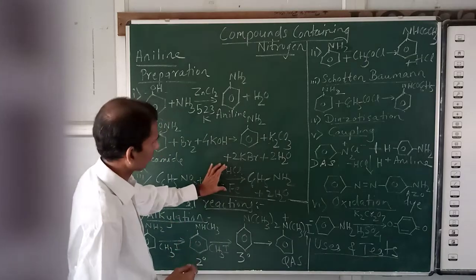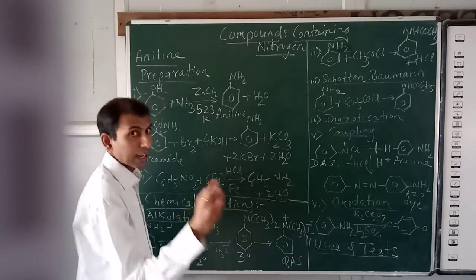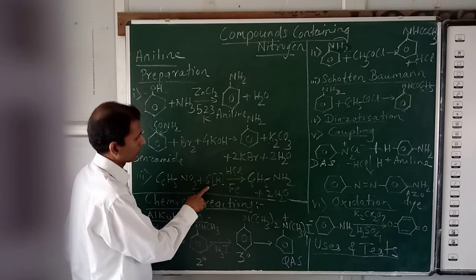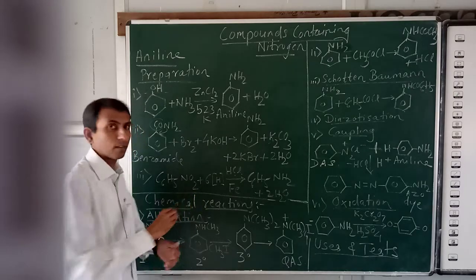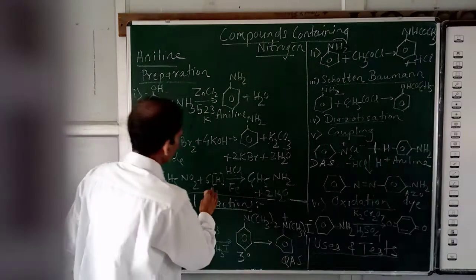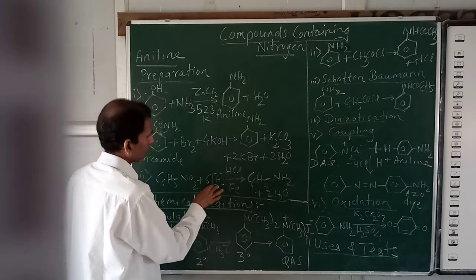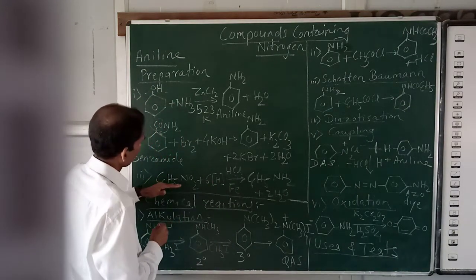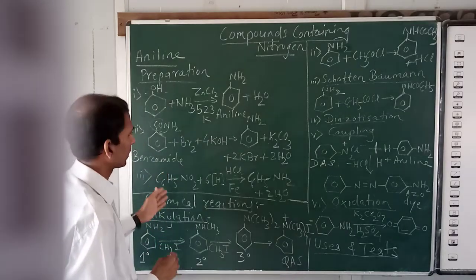They will react with each other, HCl and Fe, and they will produce 6 nascent hydrogen. Nascent hydrogen means atomic hydrogen. So these 6 nascent hydrogen will reduce nitrobenzene to aniline.